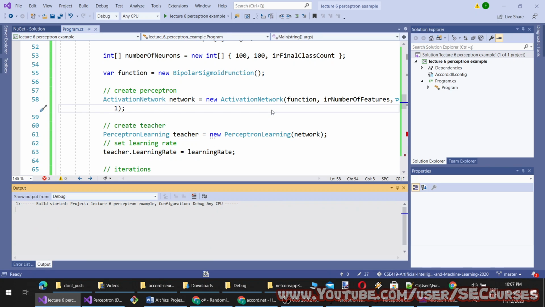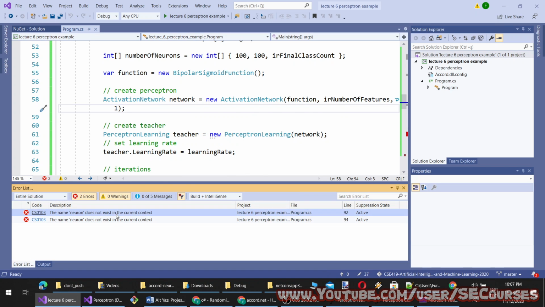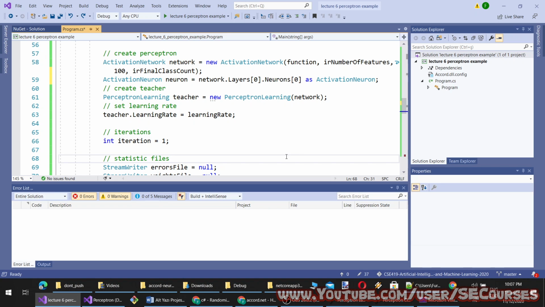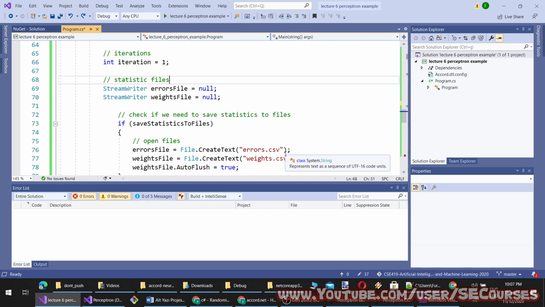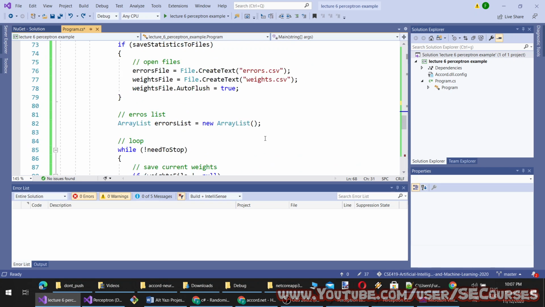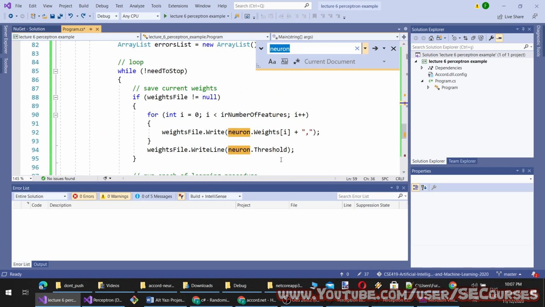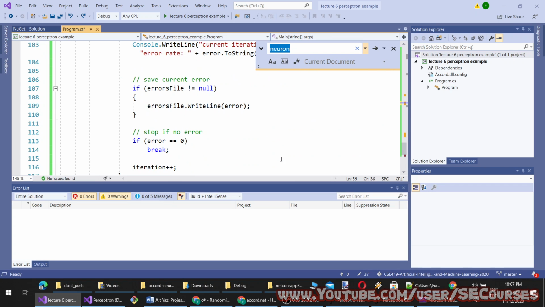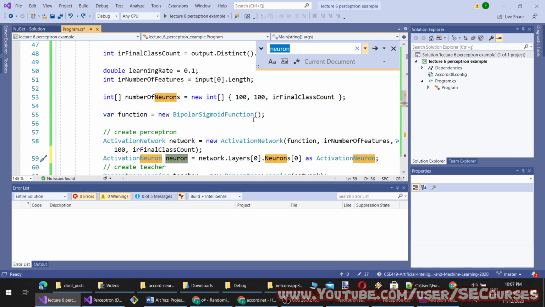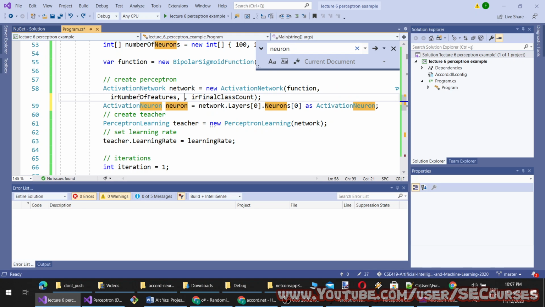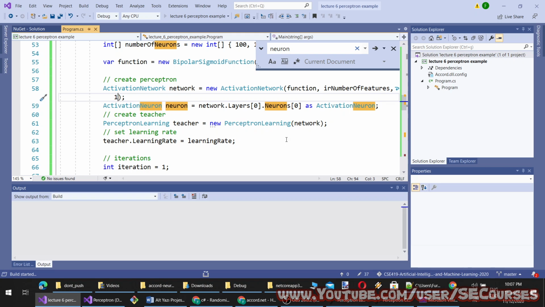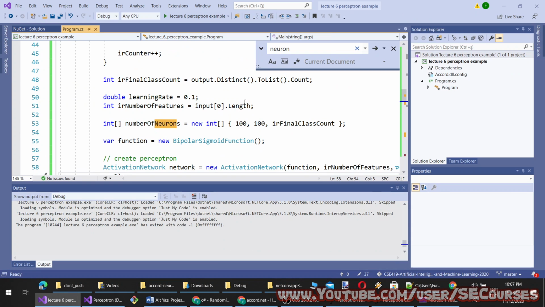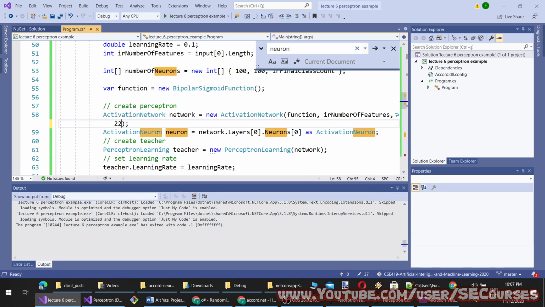I wonder whether it will work or not. This is giving error. What if we try like this?